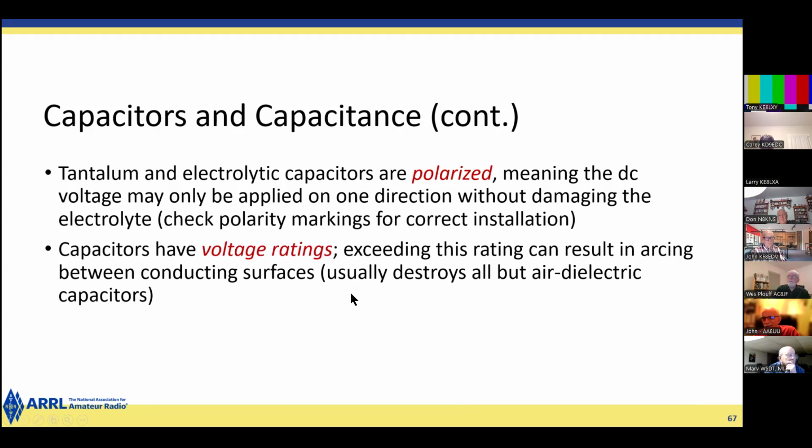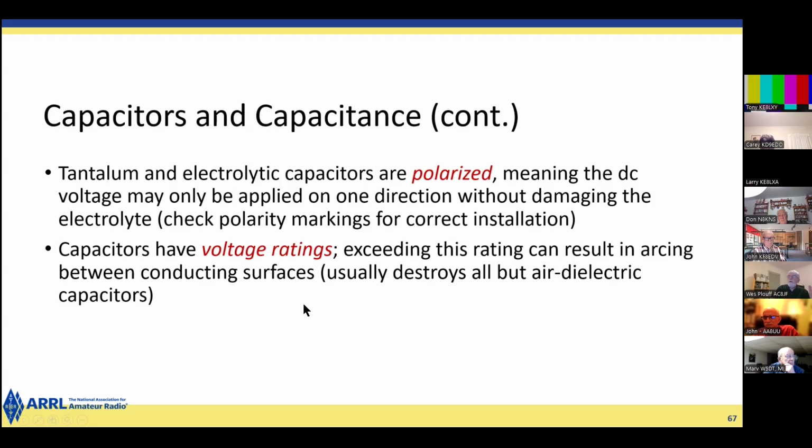Capacitors have voltage ratings, and if you exceed the peak voltage rating of a capacitor, then the capacitor might arc over, or it might damage the dielectric material inside it, and that way you can destroy the capacitor.